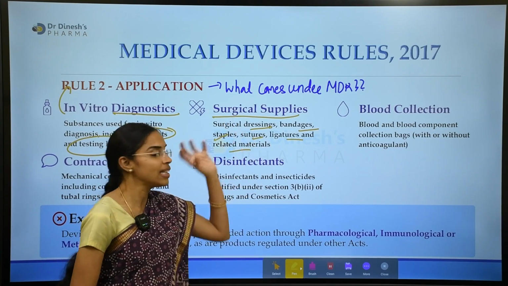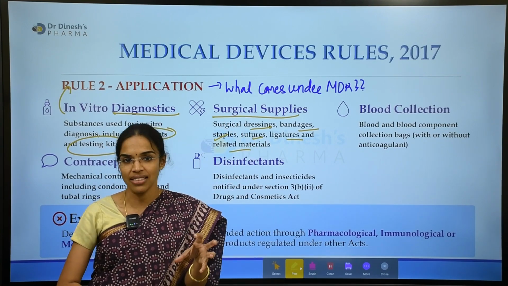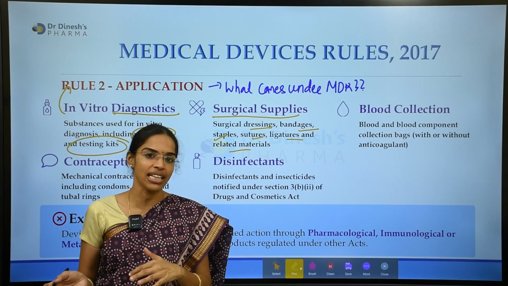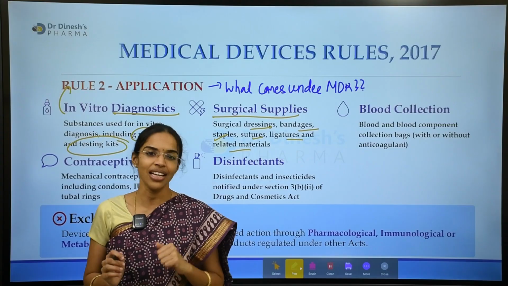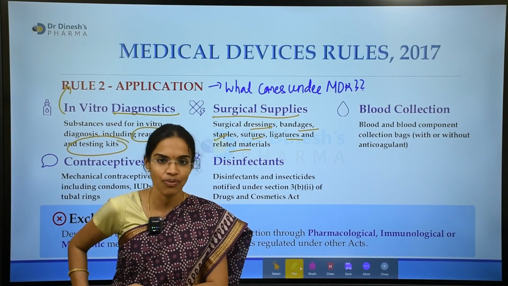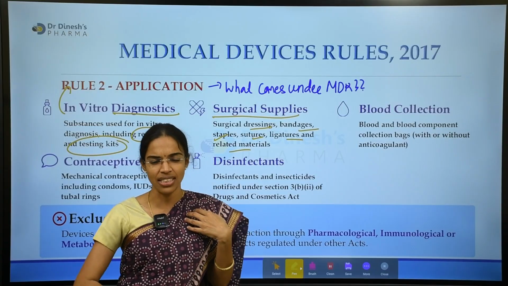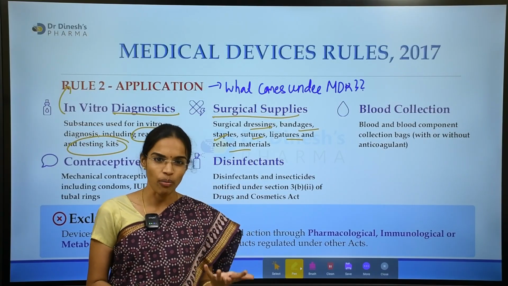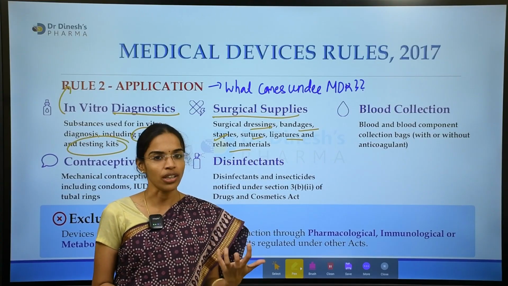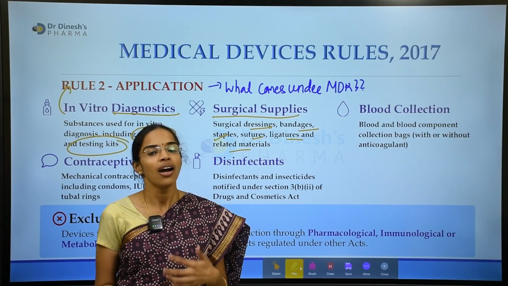We will see the exclusions later. First, we will deal with the inclusions. Surgical supplies like dressings: we know there are lots of dressings like absorbent wool, cotton wool, absorbent gauze, cotton gauze.